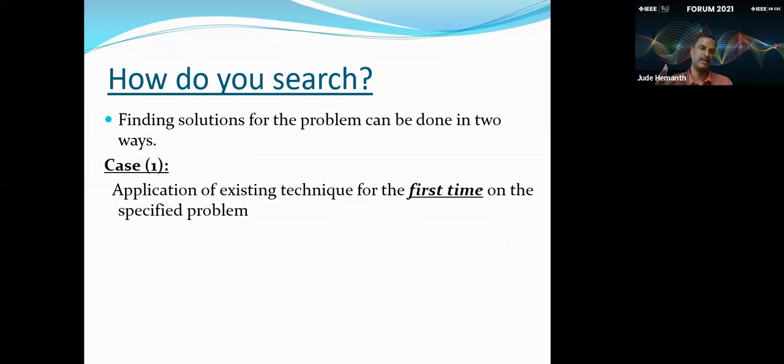Say for example, COVID-19, it is a recent disease. So if you take any one existing technique, say for example, any machine learning or artificial intelligence, and if you go and apply it for the first time, definitely that can be called novel.